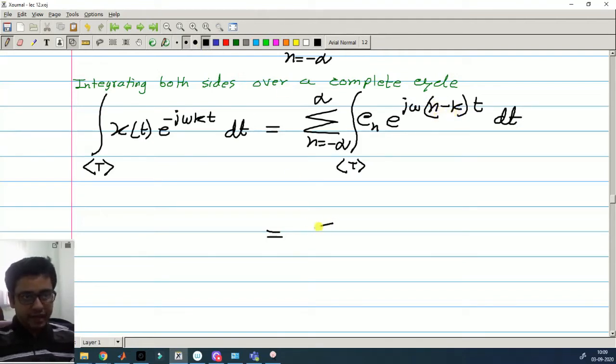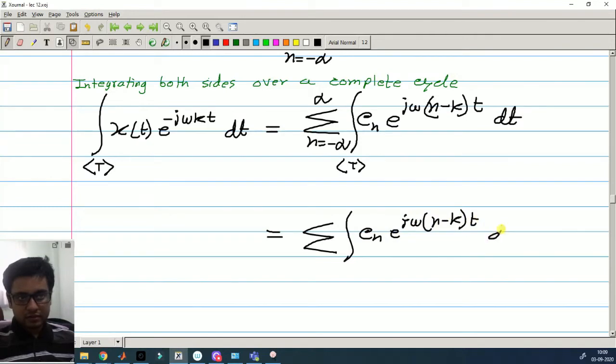So I can write this where n is equal to k. I need not sum over all the terms because most of the terms are 0. Only one term where n is equal to k is non-zero, and that is this term.